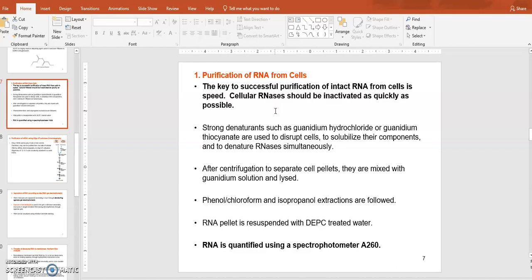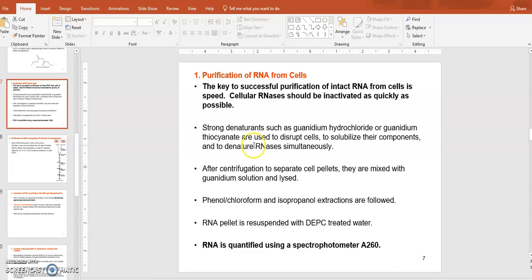Before your RNA is degraded, you do everything very quickly, and then you freeze them. Normally strong denaturants can help to break open the cells and isolate RNA, and they can also denature RNase enzymes, so you're not going to have RNA chopped up during your isolation process.